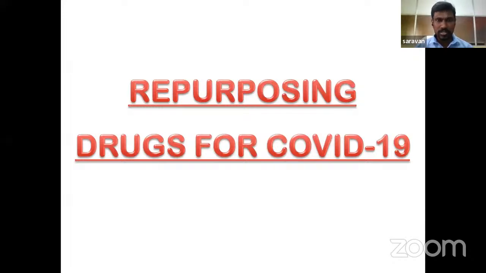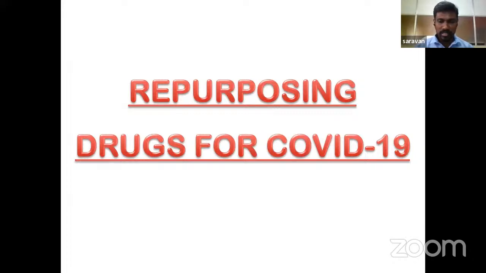Up to date, there is no single entity which can completely treat COVID-19 infection. Drug repurposing has become a model for the rapid development of drugs against infectious diseases, especially in a global emergency like SARS-CoV-2 infection. It not only saves time, it is also a cost-effective approach for the development of new drugs.